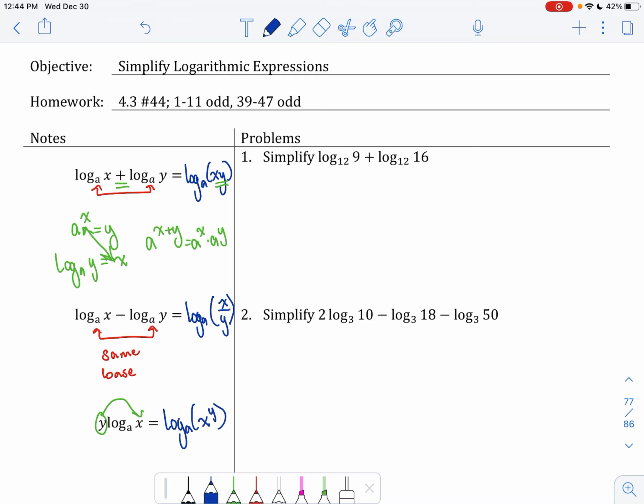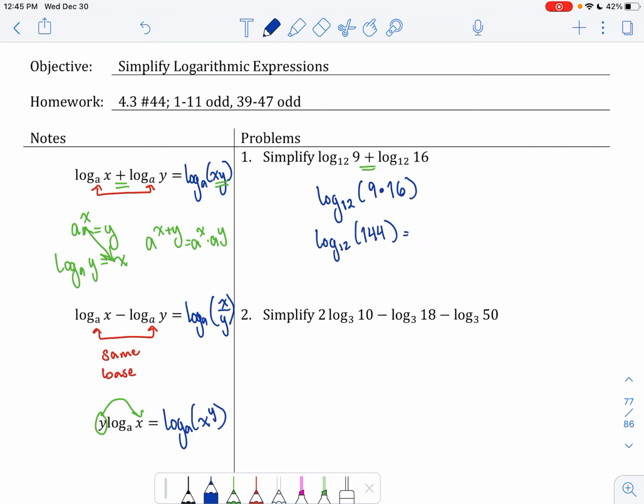So here we see log base 12 of 9 plus log base 12 of 16. Well, since we are adding the 2 logs together, this can become log base 12 of 9 times 16. We can do that multiplication, and that's 144.